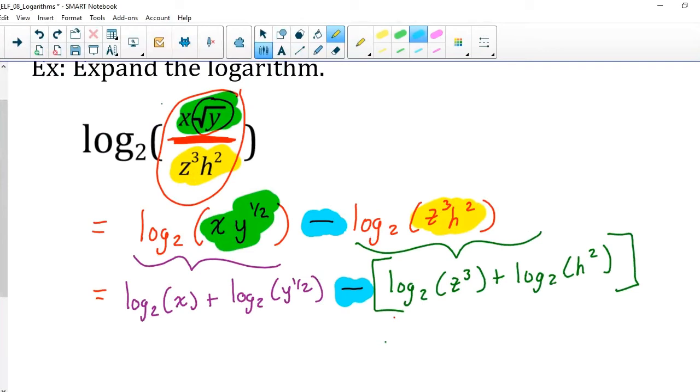This minus sign will really start to screw stuff up if we don't put those parentheses or brackets around there. Since that whole second logarithm became that green stuff that I wrote, that negative should be applied to the entire logarithm. So I should be distributing this negative.